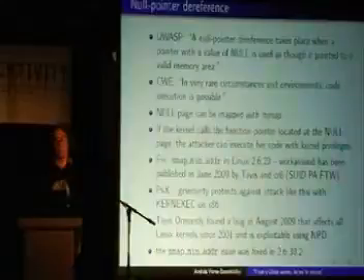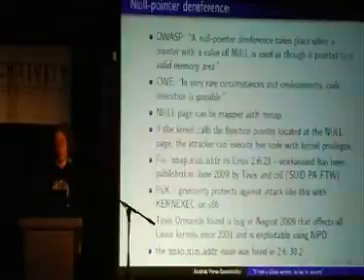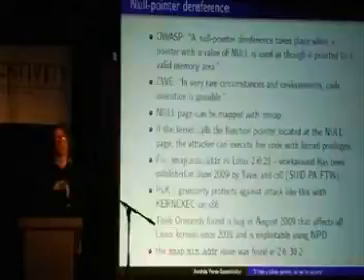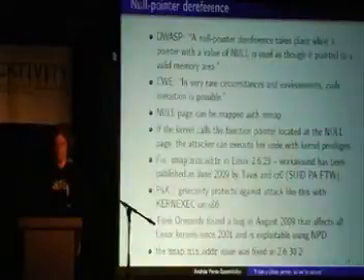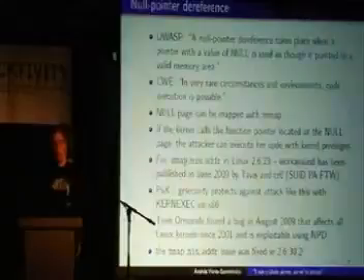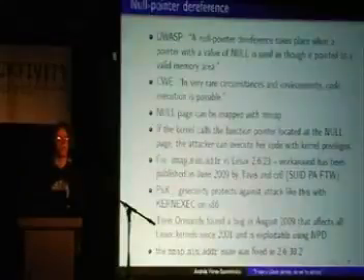Tavis Ormandy found a nice bug in August of 2009 that affects a lot of Linux kernels and is exploitable using null pointer dereferencing. I think this was one of the reasons Linus Torvalds got a brownie. This issue was resolved in kernel 2.6.32.